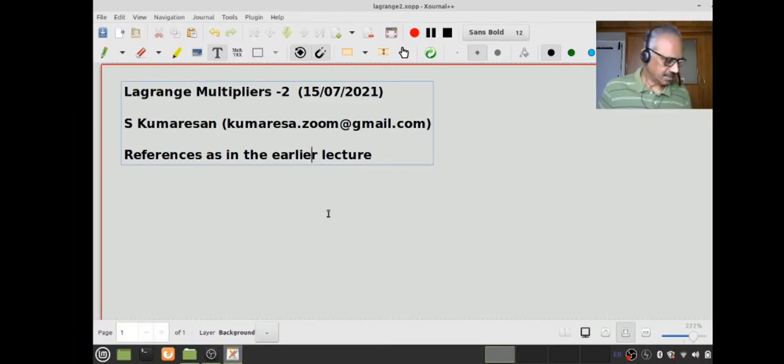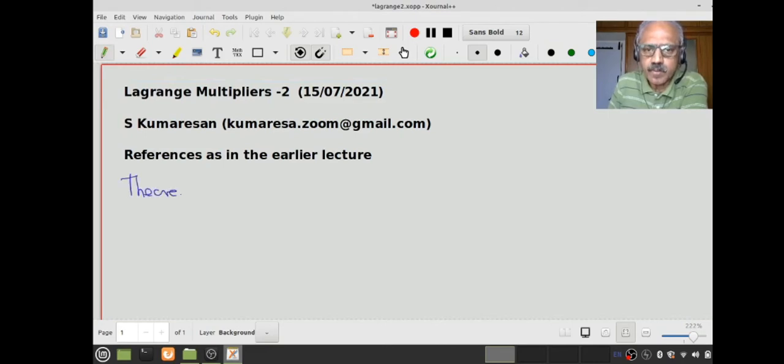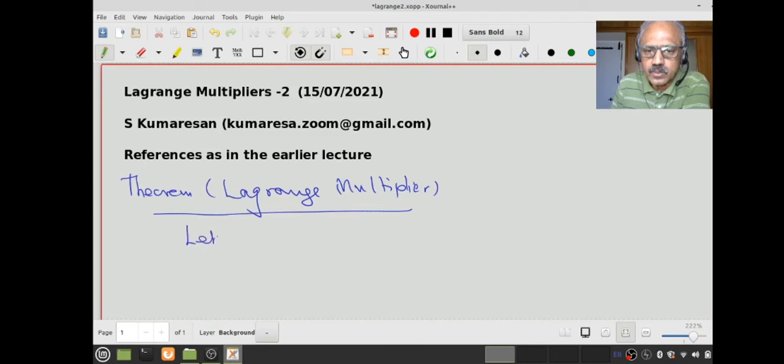So what does the theorem say? This is the Lagrange multiplier theorem. We already stated it perhaps, but it's worth writing. Let U be a non-empty open set.